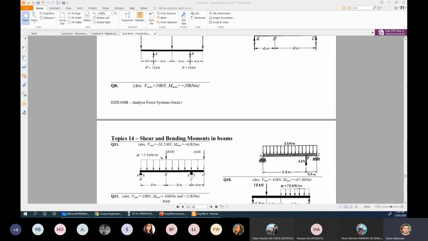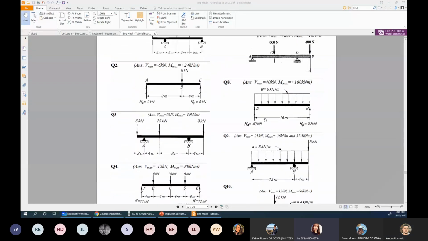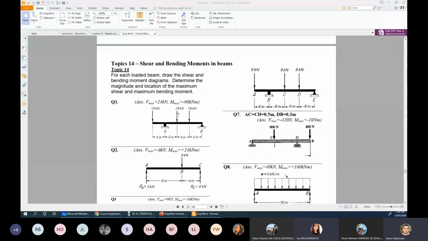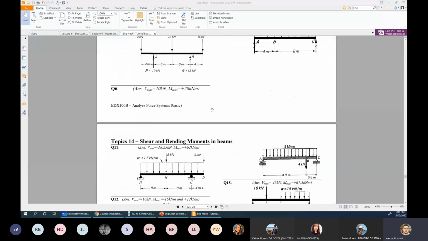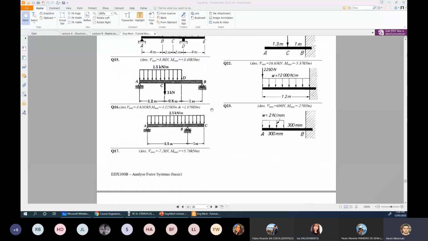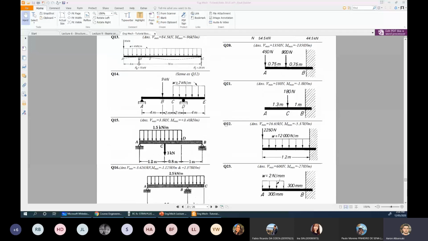So in your homework, you're not required to draw the bending moment diagram. All you need to do is the shear force diagram, okay? All right. So you've got 1 all the way to 23 under section 14.